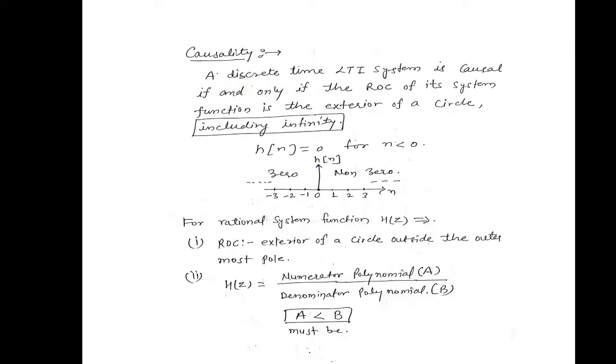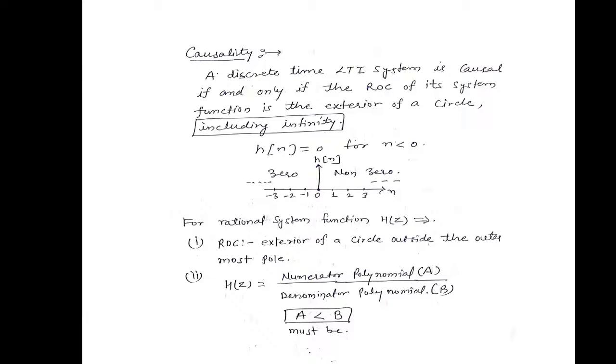The second case is causality. A discrete time LTI system is causal if and only if the ROC of its system function is the exterior of a circle, including infinity. This is very important, including infinity. There must be no pole at infinity because the ROC never includes any pole.